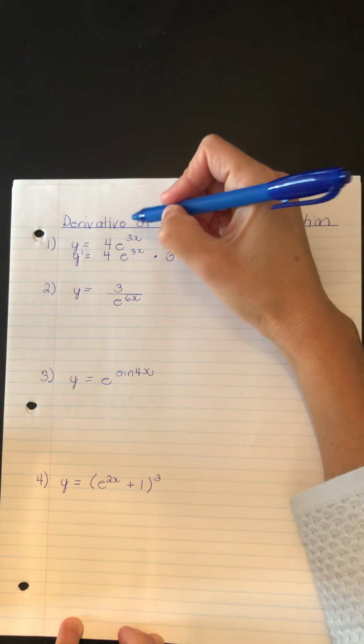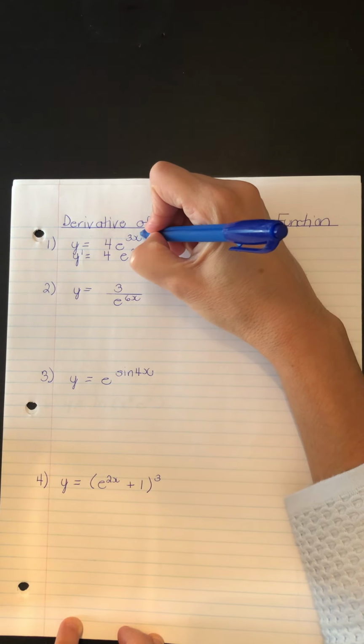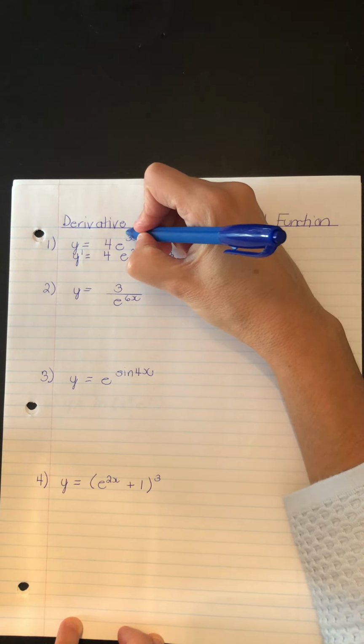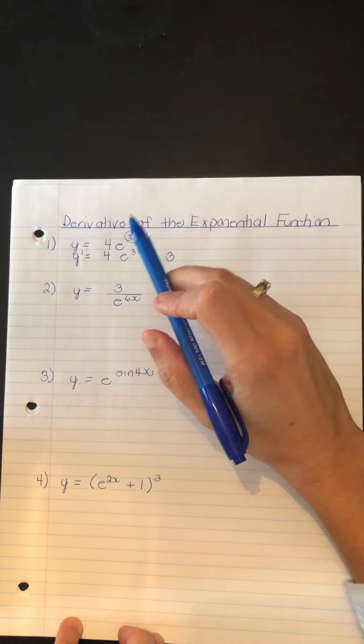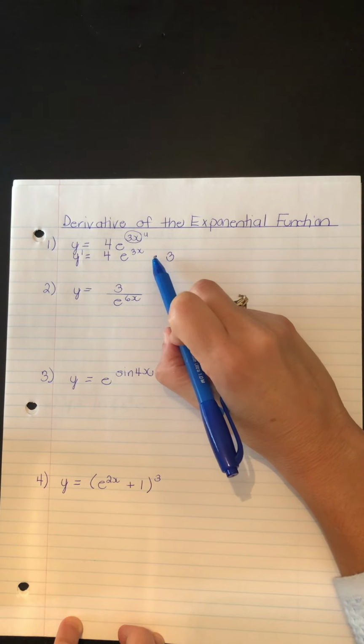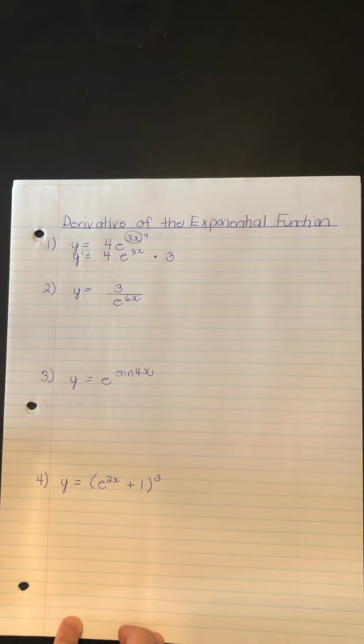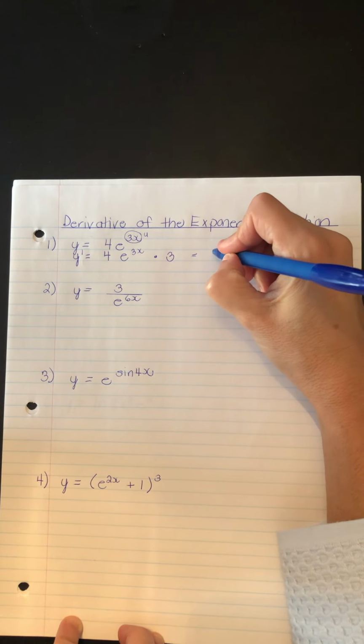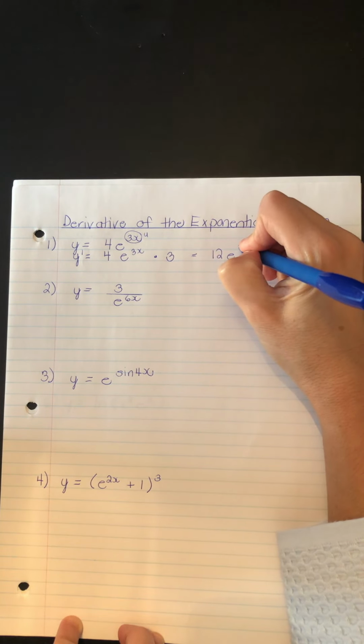Okay, so 3x is like the little u in e to the u, and its derivative is e to the u times the derivative of u. So here we get 12 e to the 3x.